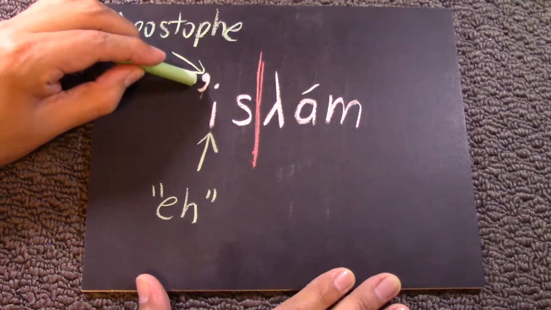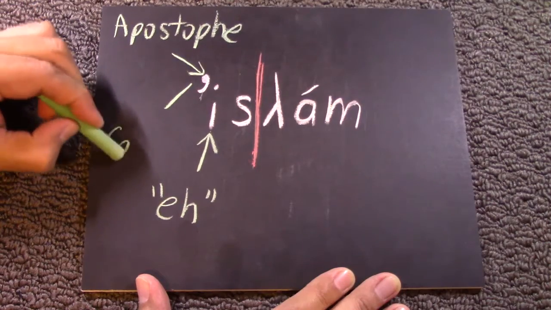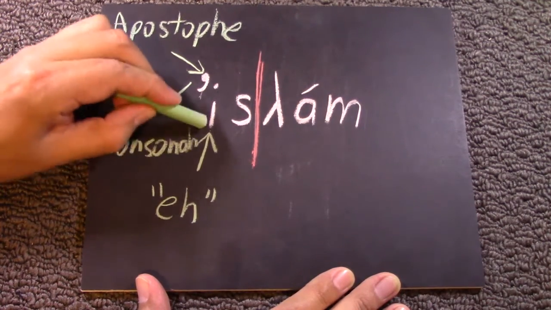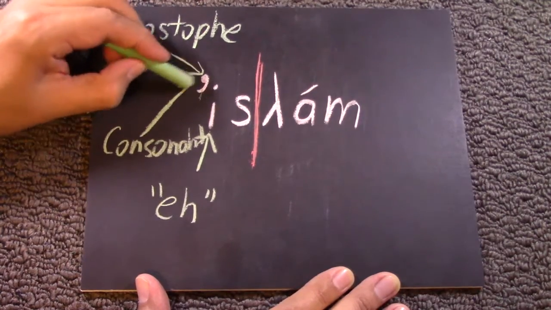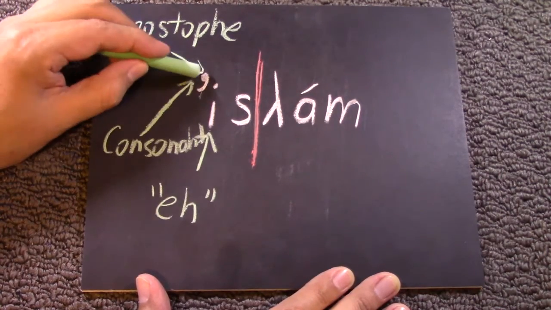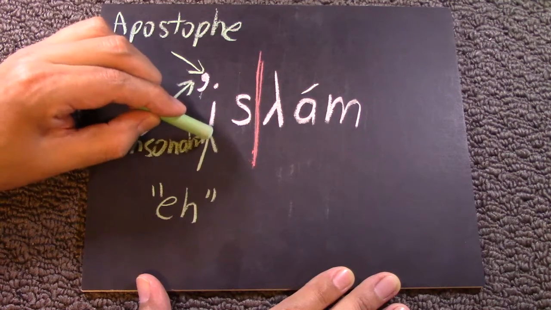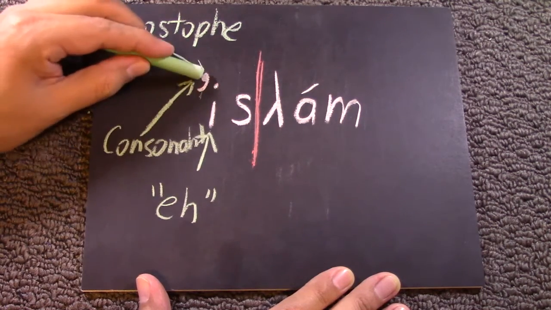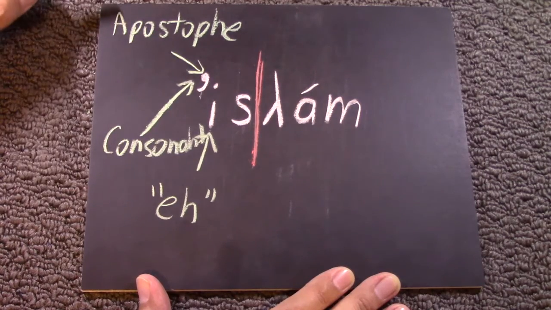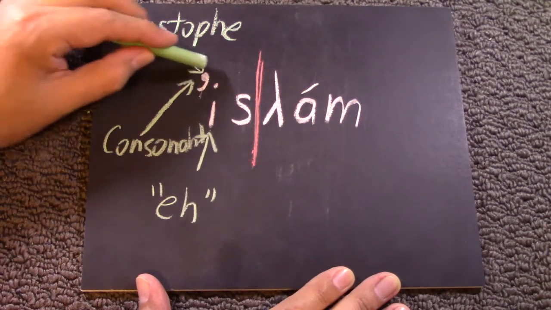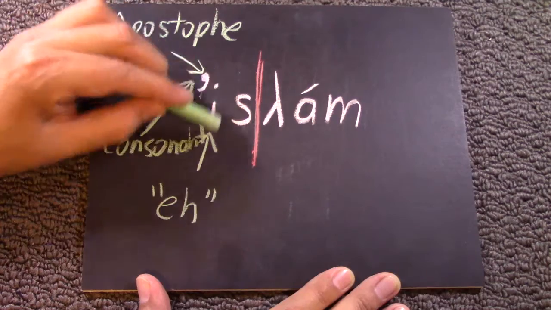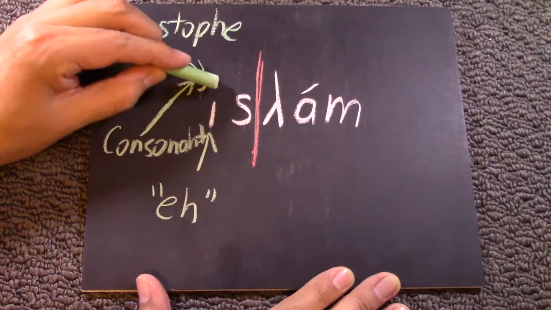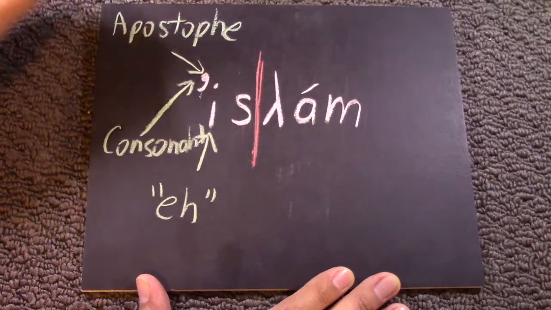The apostrophe is considered a consonant. So since we can't start xa'isla words with vowels, we have to start it with a consonant. The apostrophe is considered a consonant, so that's what we use to start words that start with vowels. You will always see an apostrophe in front of a vowel if it's at the start of a word.